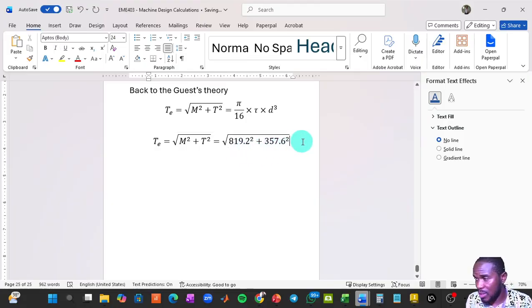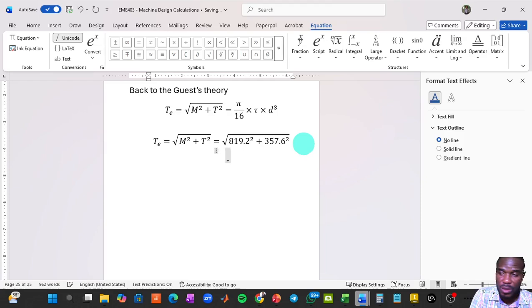When you do this, you would find that your equivalent torsional moment is 894 Newton meter, which we can write as 894 times 10 raised to power 3 Newton millimeter.